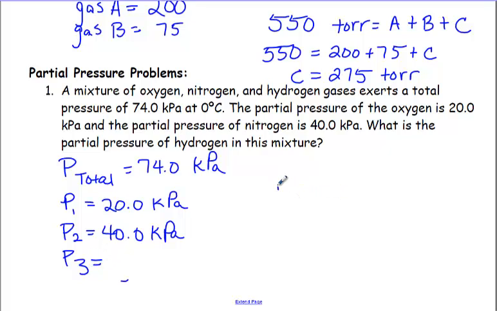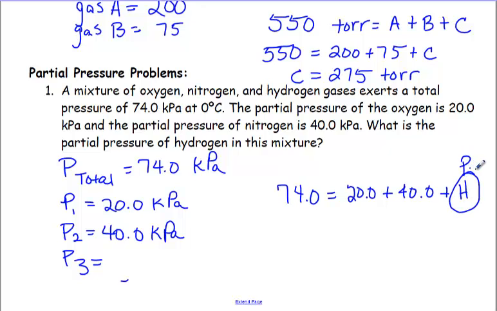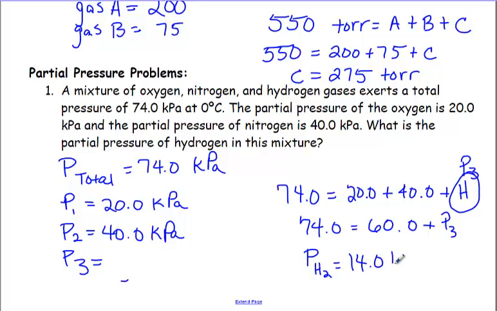When we set this up, we're going to say 74.0 is equal to 20 plus 40 plus the partial pressure of the hydrogen. So 74.0 equals 60.0 plus our partial pressure of the hydrogen. Therefore, the hydrogen's partial pressure, and I'm going to put H2 because this is hydrogen gas, is going to be 14.0 kilopascals.